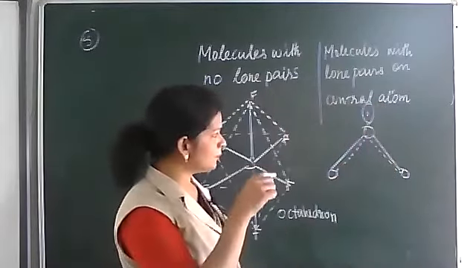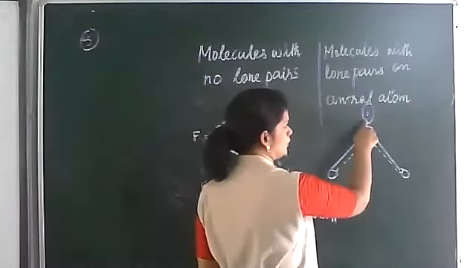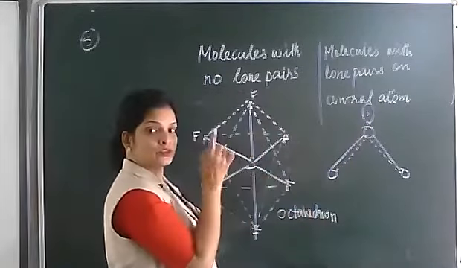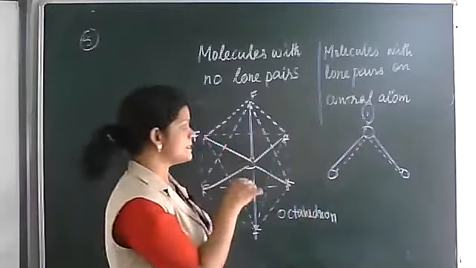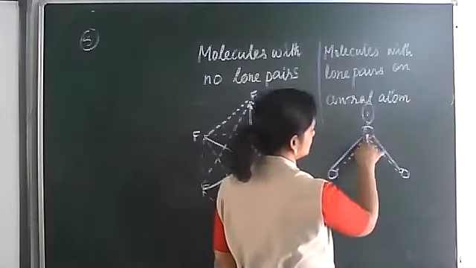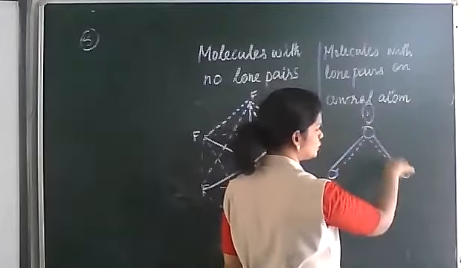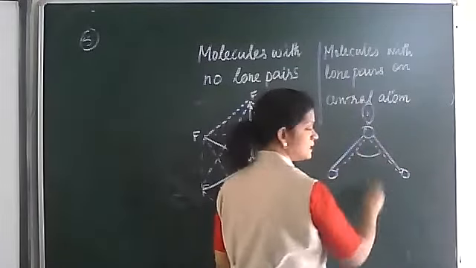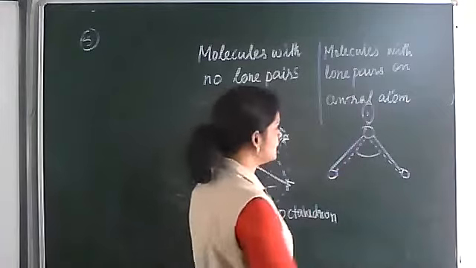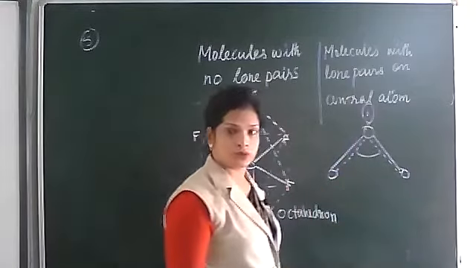Due to that lone pair, see here is a lone pair. On the other oxygens there is no lone pair, only bond pairs are there. In oxygen, this lone pair will repel this bond pair, this lone pair will repel this bond pair. That's why there is a bond angle. You can show that lone pair on oxygen.